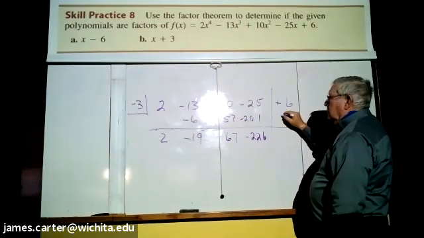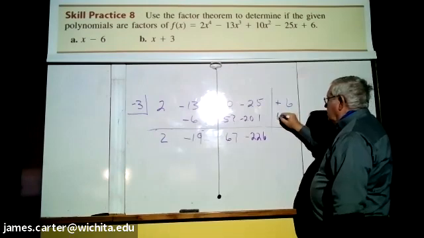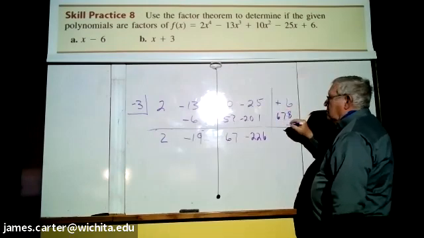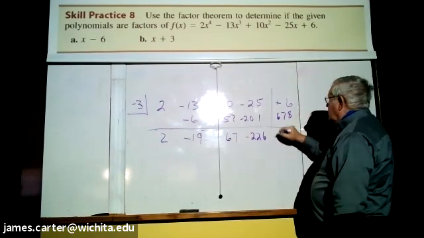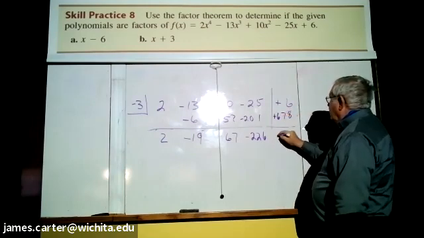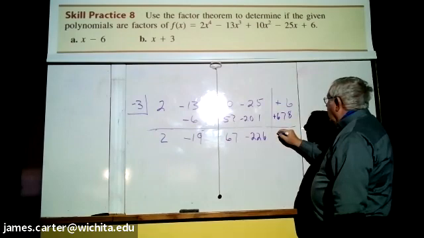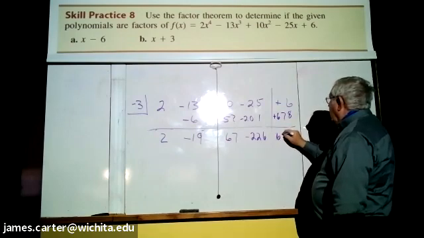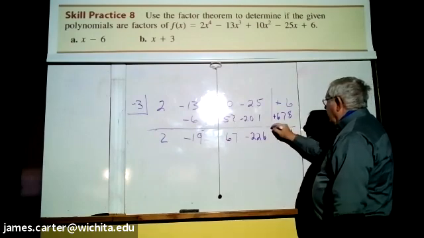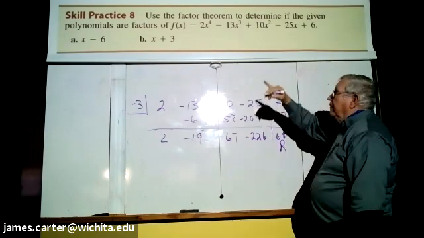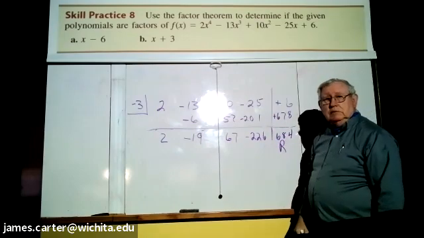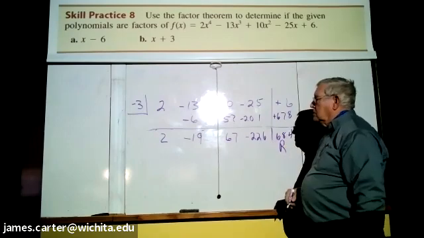times negative 3 is 678. And it's going to be positive. So this would give me 684 remainder. Well, that one doesn't work. That's all this tells us.